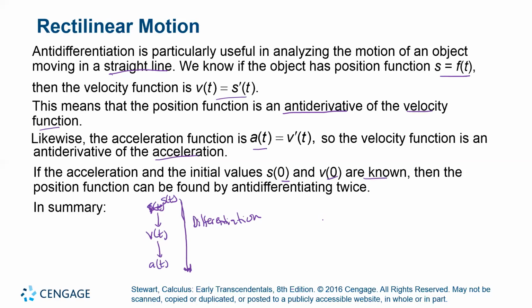But if you have the other way, we're going backwards. You have a of t, and you want to get the velocity, and if you want to get the position function, you're going backwards, which is anti-differentiation.